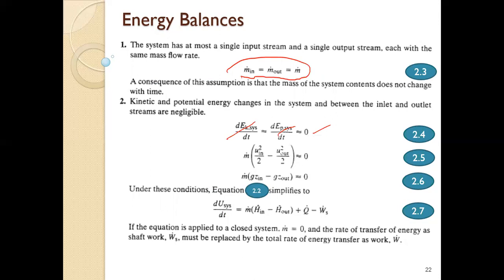That means kinetic in, kinetic out, and potential in, potential out cancel. Generally, we can cancel the kinetic and potential terms. Then you get the internal energy change with respect to time equal to m multiplied by the enthalpy in minus the enthalpy out, plus Q minus W.